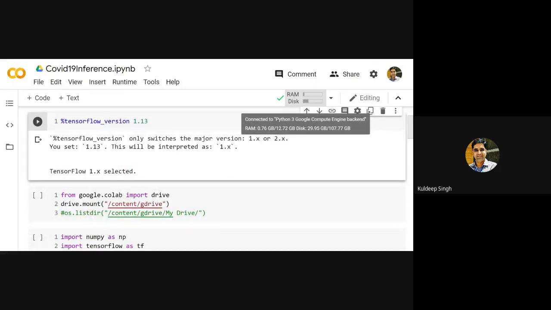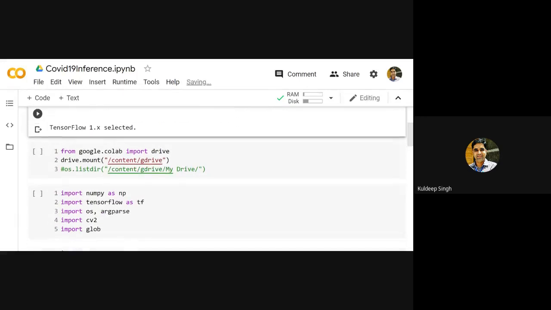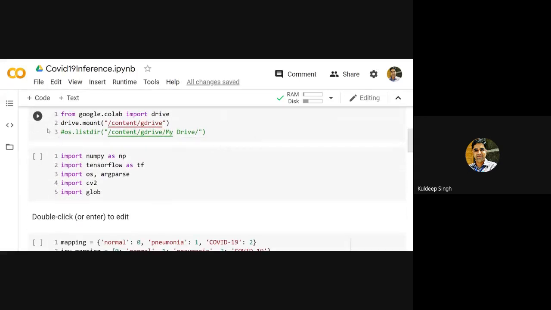You can see here we have access to 12 GB of RAM and hundreds of GB of disk, and in the background we have access to different GPUs. So once this TensorFlow version is selected, I'll mount my drive.